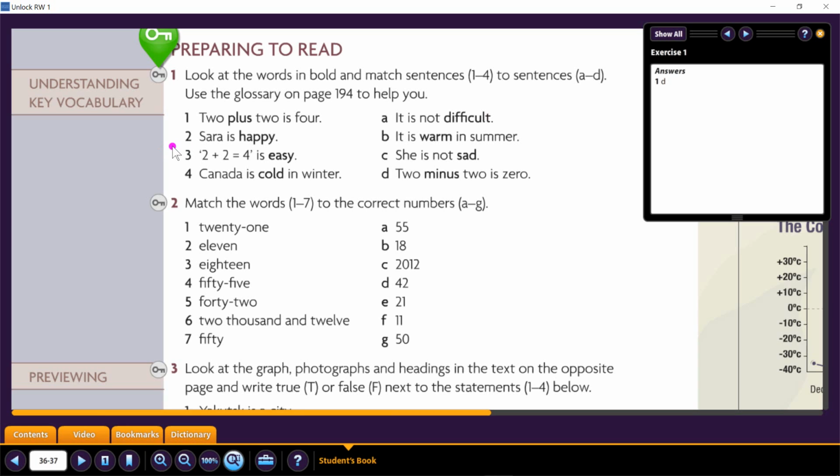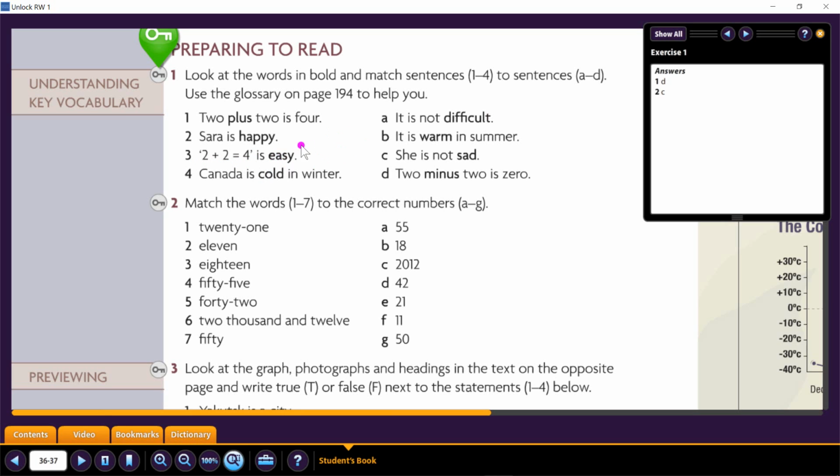What about number 2? Sarah is happy. What do you think? Happy. What is the opposite of happy? Sad. So Sarah is happy. The opposite of this sentence is she's not sad. Okay, the opposite of happy is sad. Number 3, 2 plus 2 equals 4 is easy. What do you think?